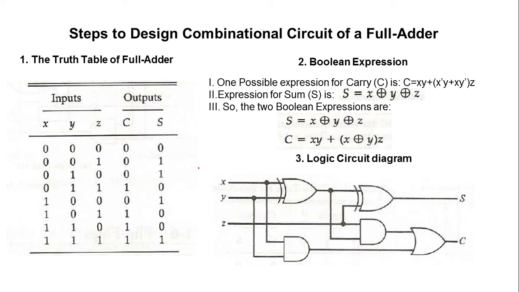Now our agenda from the truth table is how the logic circuit diagram can be created. In order to create the logic circuit diagram, we have to actually work on the Boolean expression. The reason behind this is we just need to simplify the equations, right?